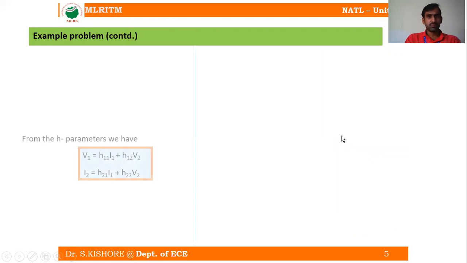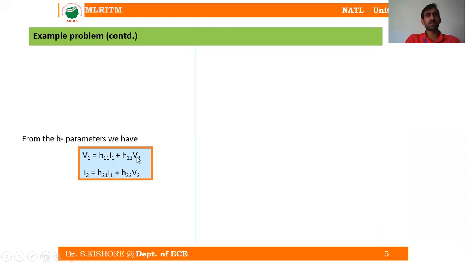From the H parameters, as we have already derived the expressions, these are the governing equations. V1 is equal to H11 I1 plus H12 V2, and I2 is equal to H21 I1 plus H22 V2.